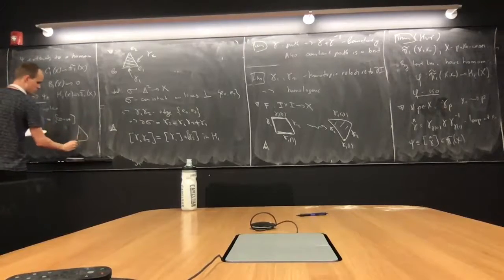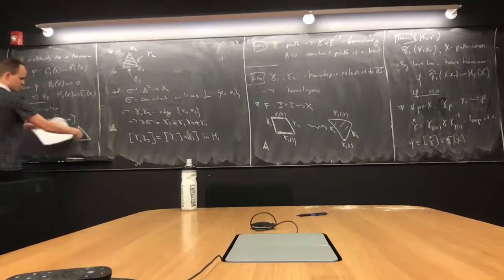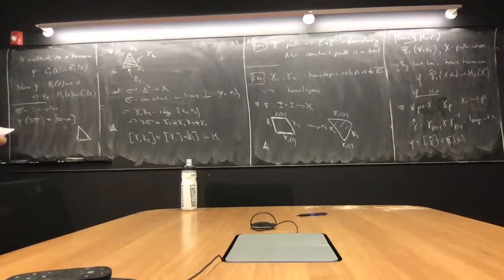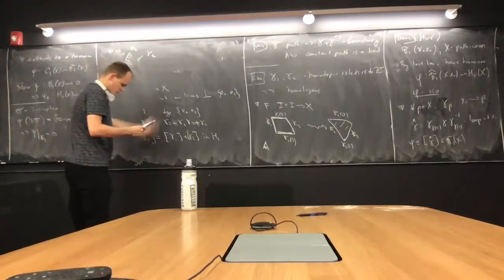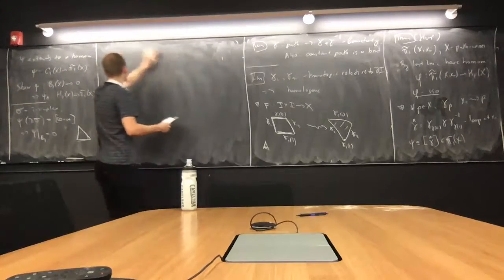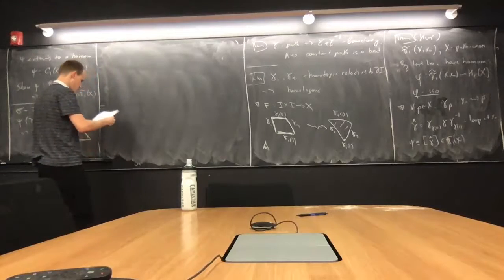Yeah, basically because you have these three paths going around and the triangle is contracted. So this proves that psi on boundaries is 0, and it remains to show that psi composed with phi gives you identity in both directions.